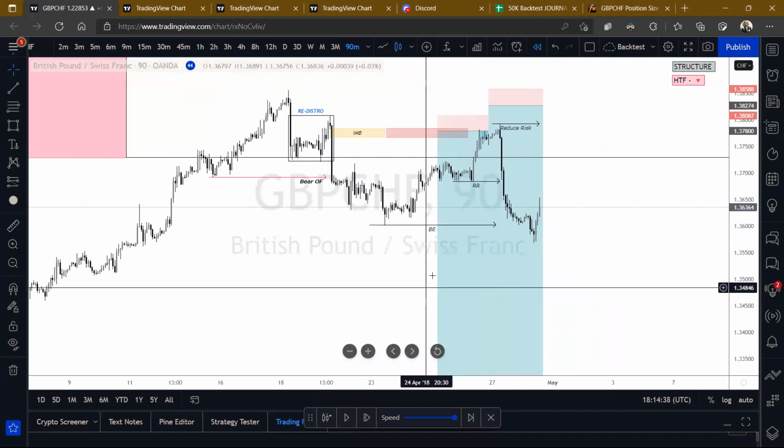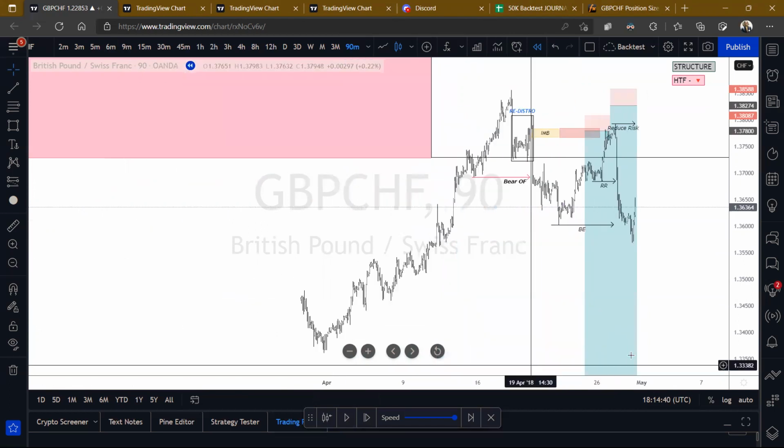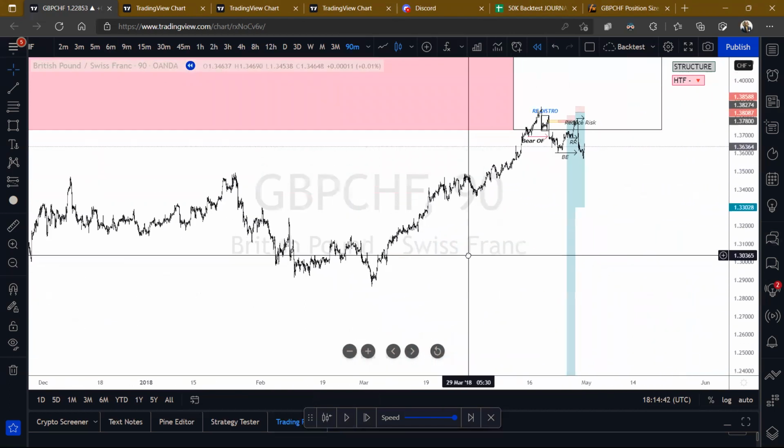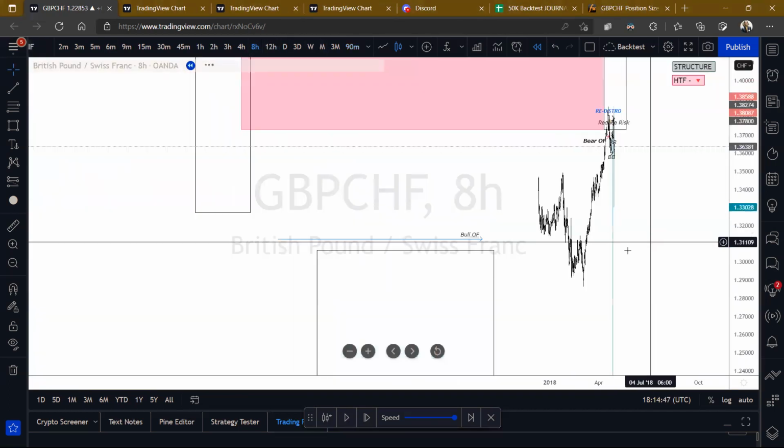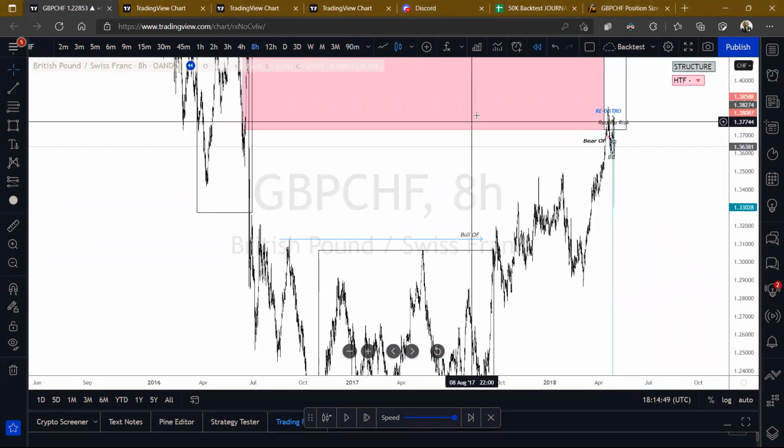We're now break even in this, and at the same time we can just TP1 and TP2 and then just double check. Yeah, okay, so that was also TP1.